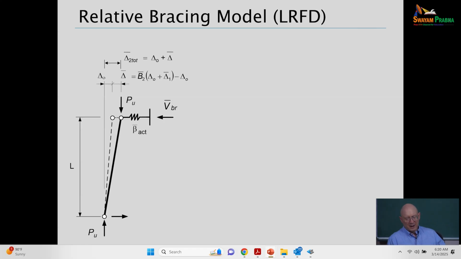And it's supported laterally at the top by a lateral spring. Now you might be saying, that's a relative brace? I thought that this would be a nodal brace. Actually, for this simple case, the calculations are the same both for a relative brace or a nodal brace.